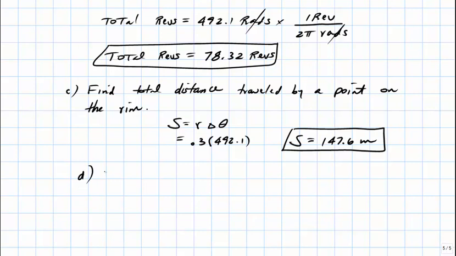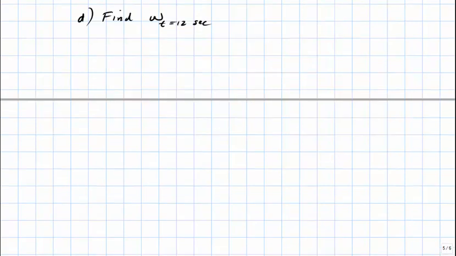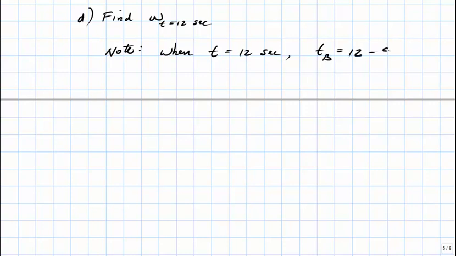So again, in part D, we want to find omega at t equals 12 seconds. Once again, we're going to note that when t equals 12 seconds, the time in phase B equals 12 minus the 8 seconds that we spent in phase A, right?